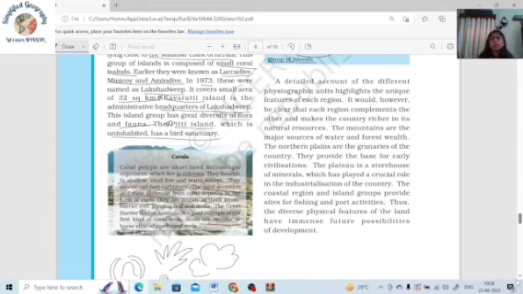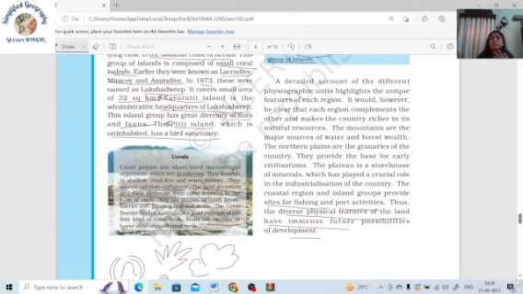That's why so many industrial plants or factory based areas are setting up in these particular locations. And the coastal regions and island groups provide sites for fishing, port activities, etc. So the diverse physical features of land have immense future possibilities and development. That's the purpose of studying this chapter.